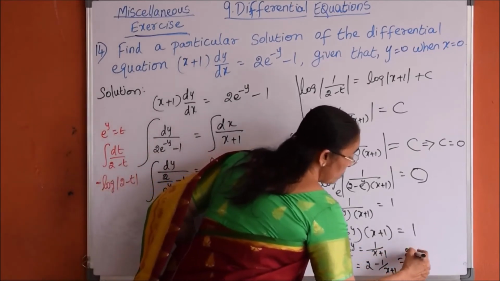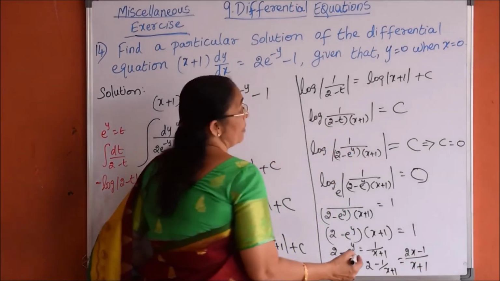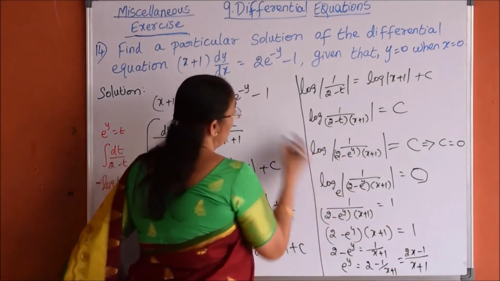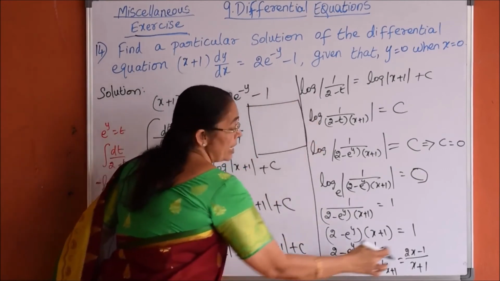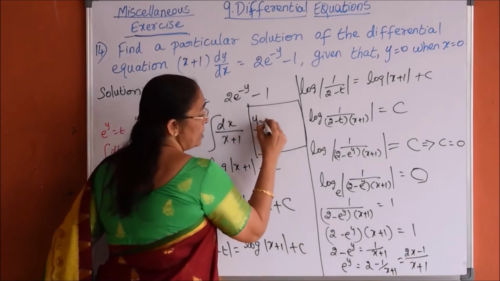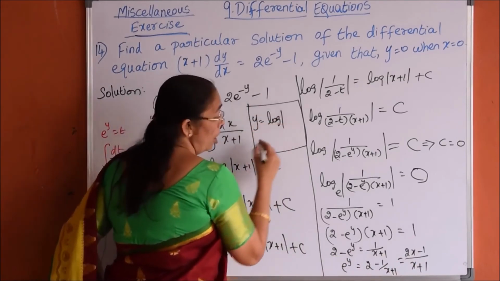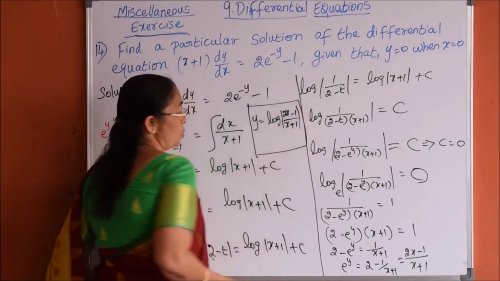So 2x plus 1 divided by x plus 1 is e power y. Otherwise, I will write the solution here: e power y is (2x plus 1) by (x plus 1), or y is equal to log mod (2x plus 1) divided by (x plus 1).